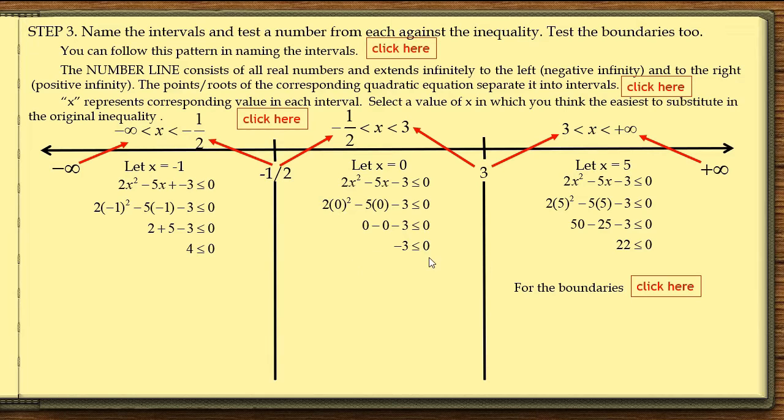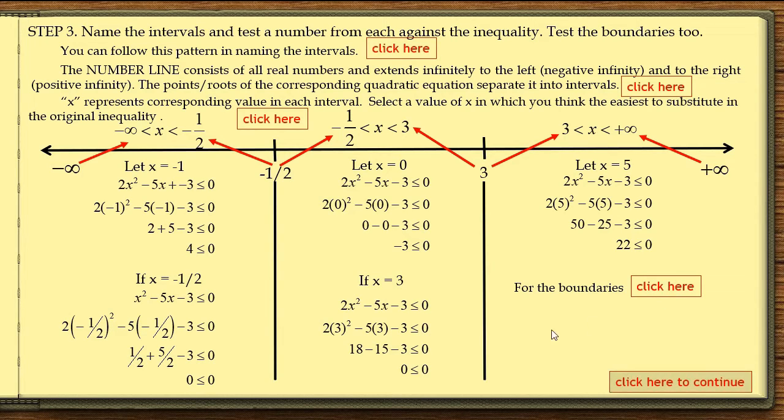And in this interval, I will use 0. 0 is less than 3 but greater than -1/2. And in this last interval, I will be using +5 since it will be easy for me to substitute 5 in our inequality. For the boundaries, we will have these answers.